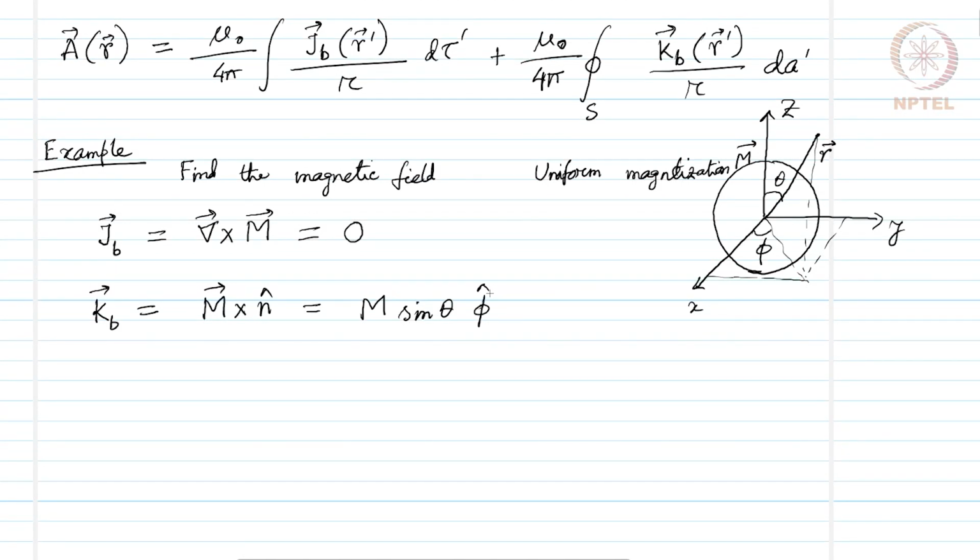So if we take a cross product of radial direction and z direction, we will have sine theta phi cap, that would be the direction. So that's what we get here.